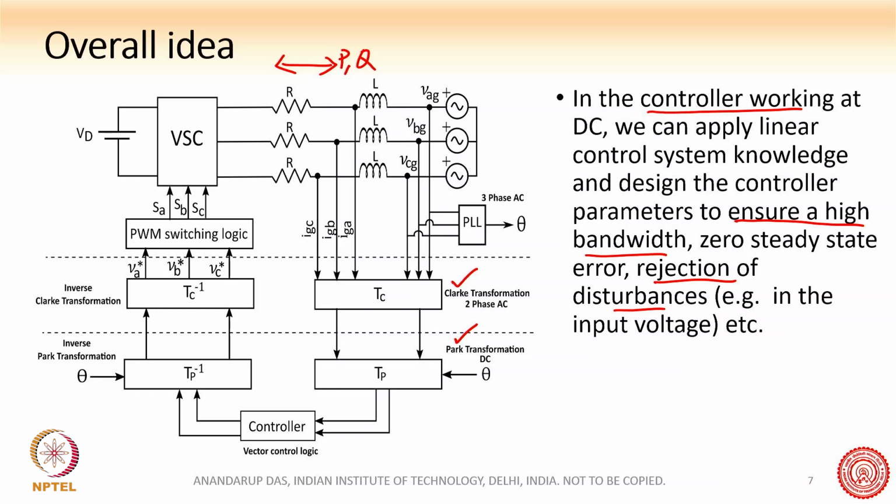This kind of independent control of the active and reactive power exchange with the grid can be done after the Park transformation, when we align the D axis with the grid voltage space vector. That is called the vector control of the VSC.